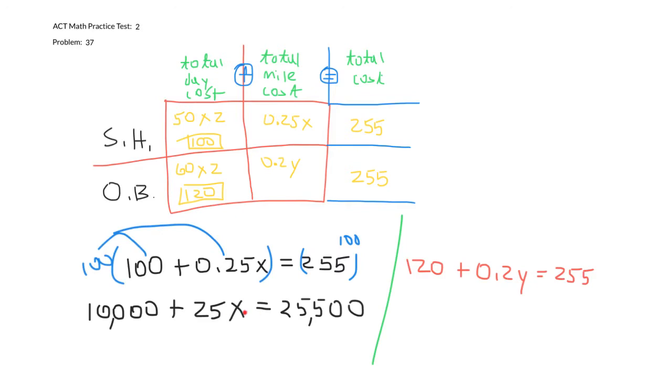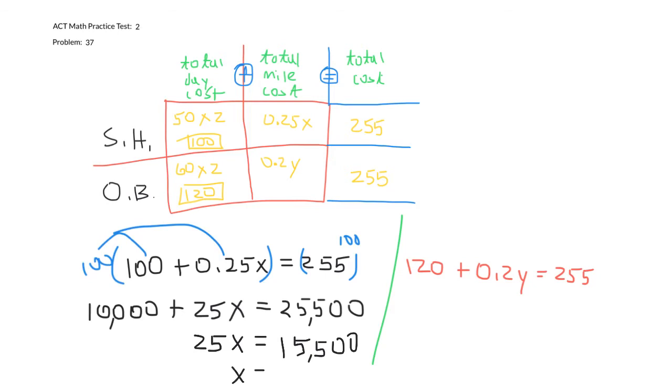Then, of course, we would just subtract 10,000 from both sides, which would leave us on the left-hand side with 25x. And on the right-hand side, it would be 15500, aka 15,500.